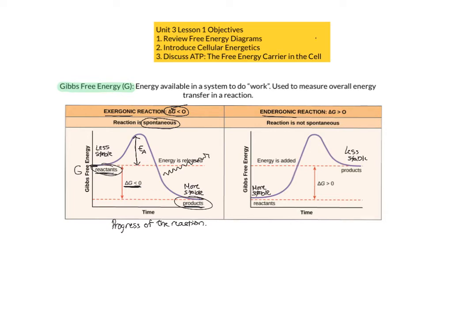Now, these types of reactions are not spontaneous because, again, molecules are going to prefer to be in a more stable state. And so this is going to require lots of free energy to be added in order to allow these reactants to be rearranged into the products. And so we say that the delta G of this reaction is greater than 0 because it absorbs free energy in order to allow this to happen.